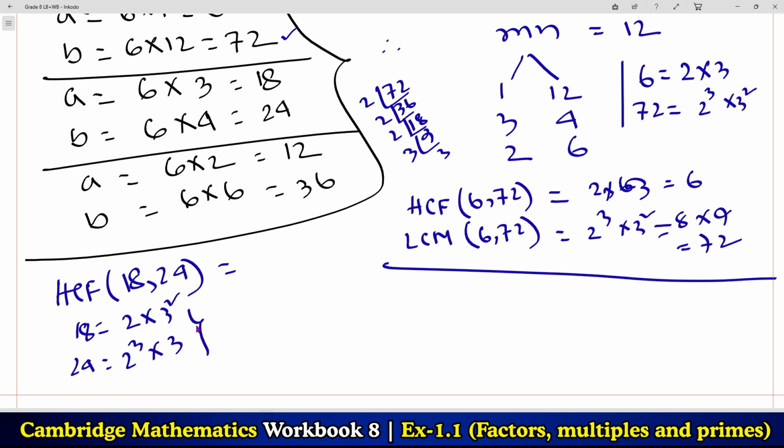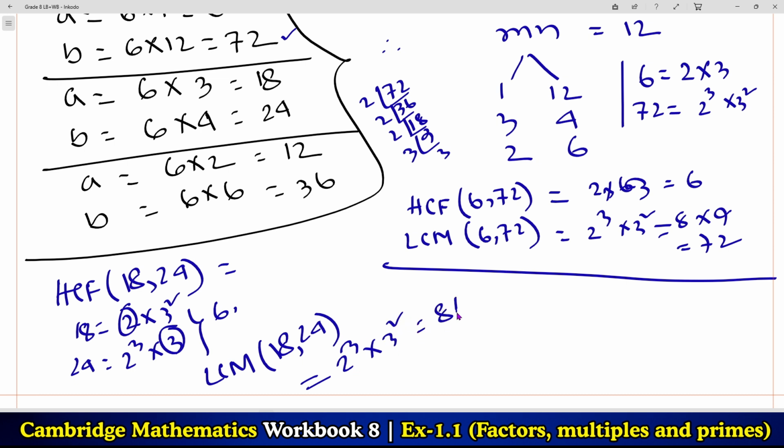So the HCF here is 6. It's okay because of this 2 and 3. What about the LCM of 18 and 24? Here we take 2 cube times 3 square. So it means 8 times 9, 72. So we can take 18 and 24.